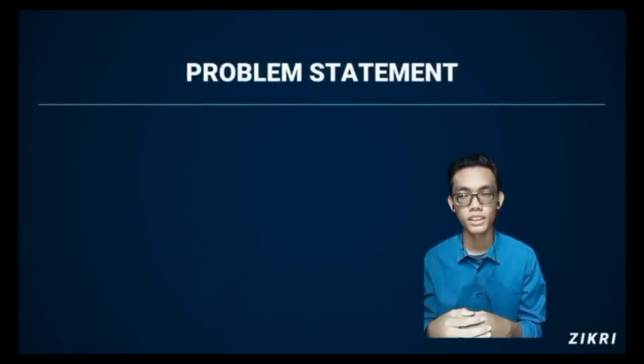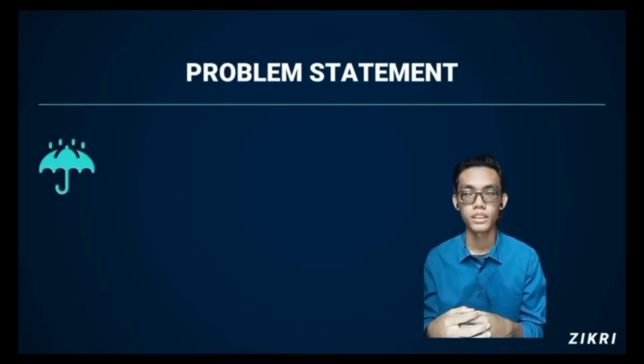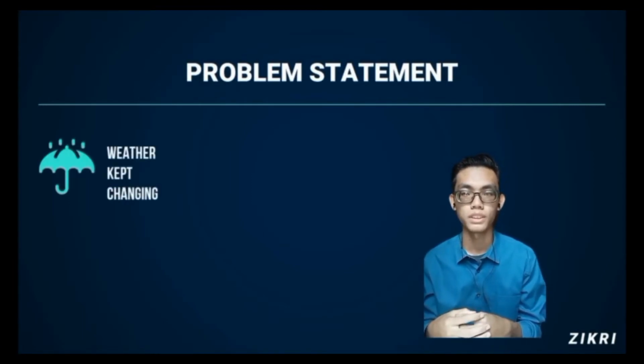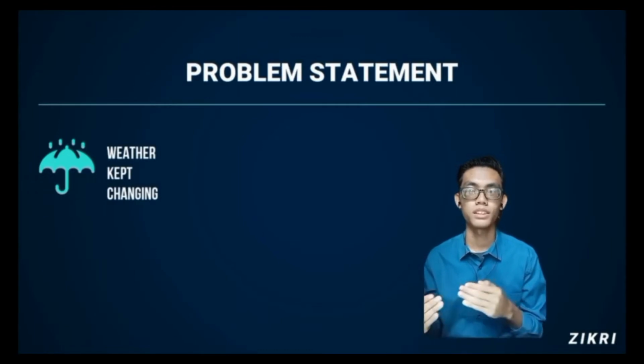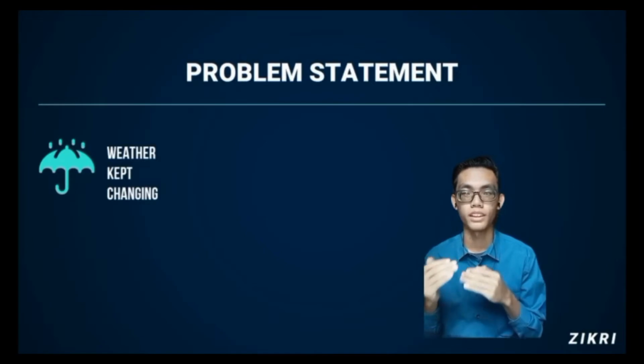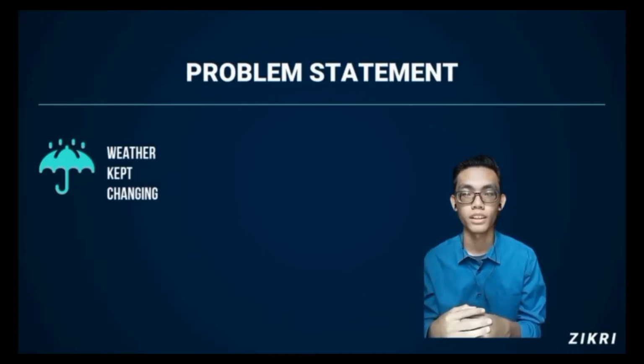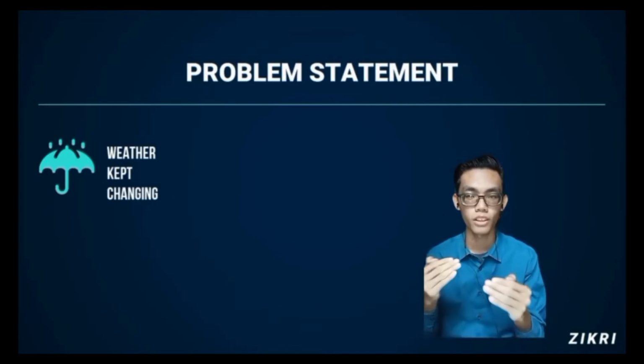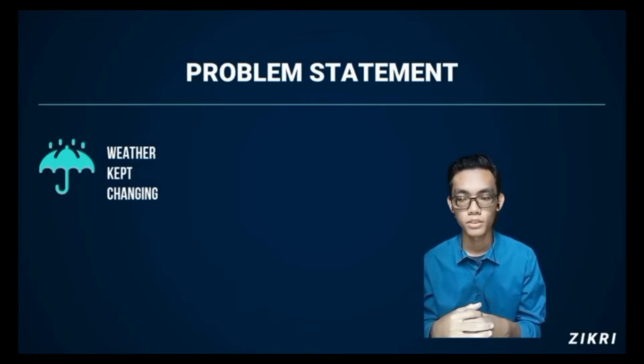I'm going to proceed with explaining about the problem statement. As we all know, our country, Malaysia, lies on the equatorial line, which means that we receive tons of rain and also sunshine annually, alternately, every year. So our country has both cold and hot weather.